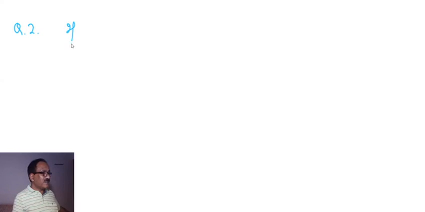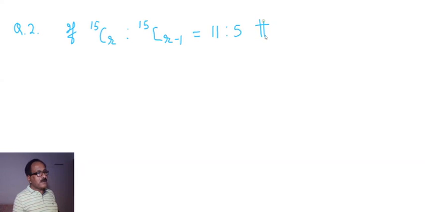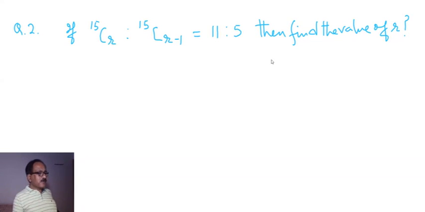If 15CR ratio 15CR minus 1 is equal to 11 ratio 5, then find the value of R. This is the second problem.